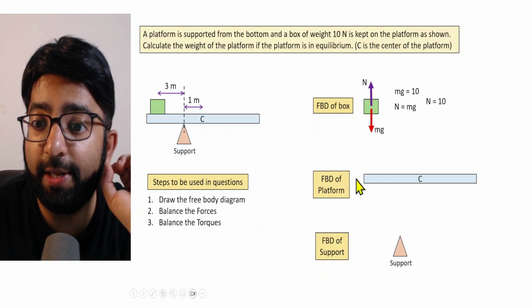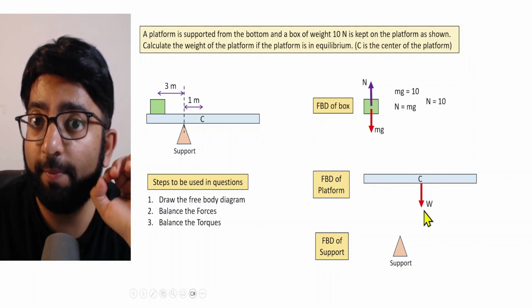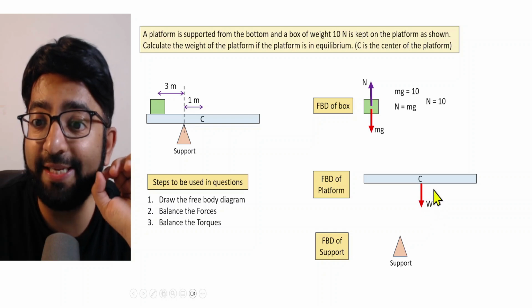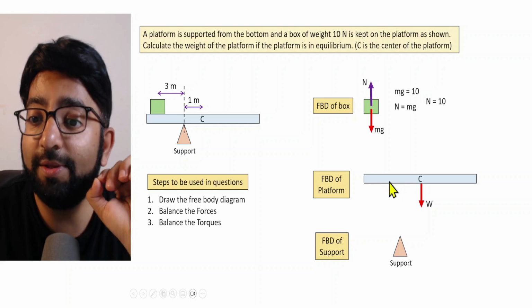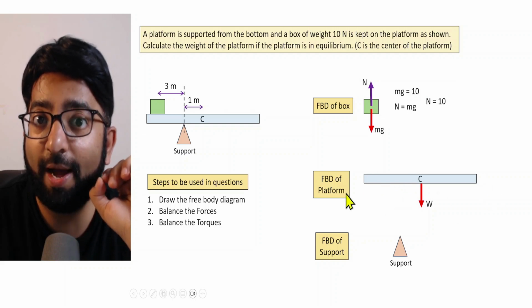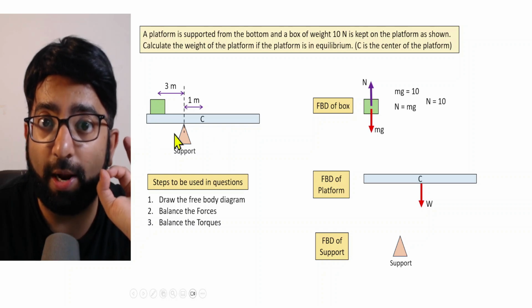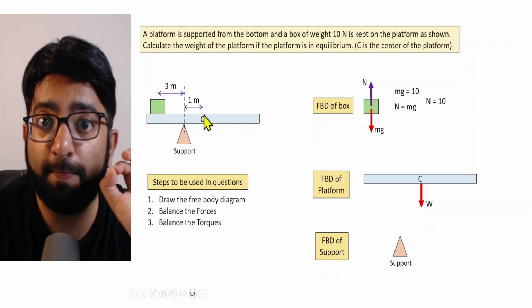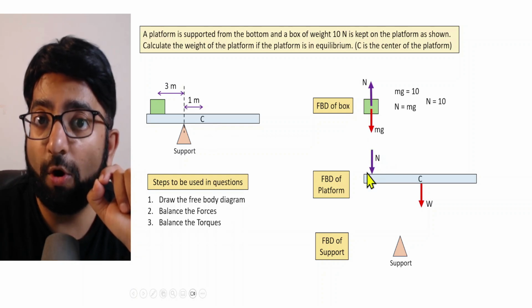Now coming to the FBD for the platform, the first force acting on the platform is the weight of the platform itself. Let's say W. It is this W which we are supposed to find in the question. Now what are the other forces acting on this platform? That is tricky. So look at this diagram. Since the box is kept on the platform, the box is pushing the platform downwards. And that downward push will be the normal reaction.